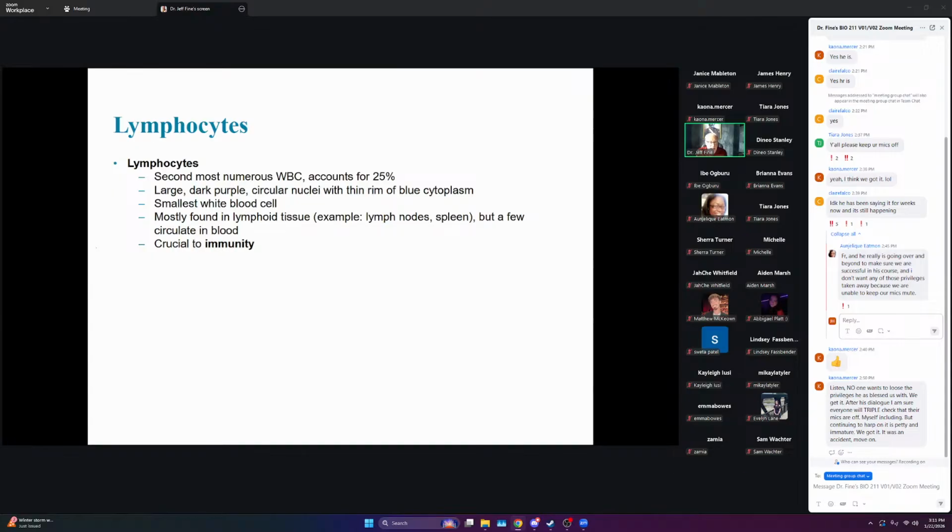As the lymph that we're going to learn about on Tuesday, liquid that's getting returned to the heart from our tissues, is passing through lymph nodes, these lymphocytes are monitoring it for any type of pathogens, cancers, or foreign substances. Lymphocytes are crucial to immunity.